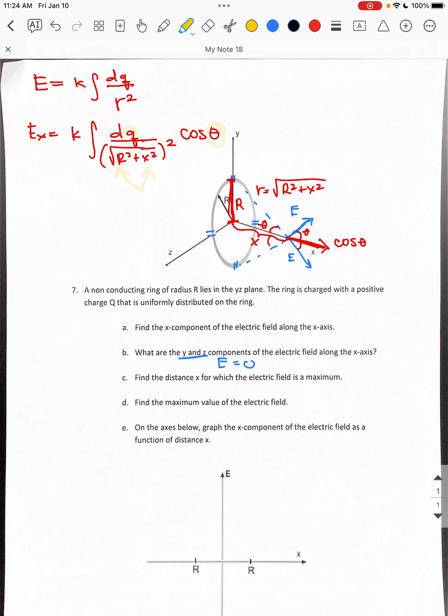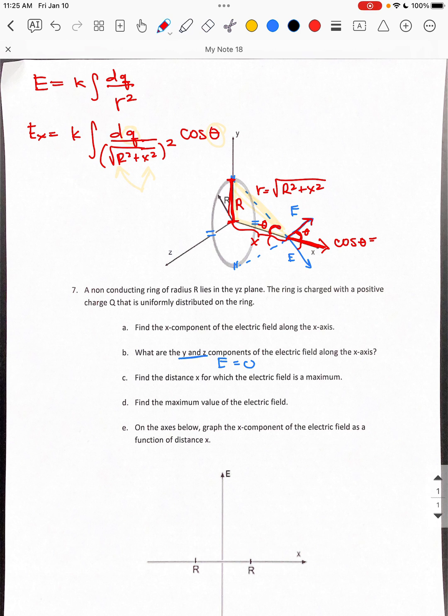So this is a trick I want you to know how to use in multiple continuous charge distribution problems. Even though I'm looking for cosine of this electric field, because the angle here and the angle here are the same, I can use similar triangles to find cosine of theta using this similar triangle right here.